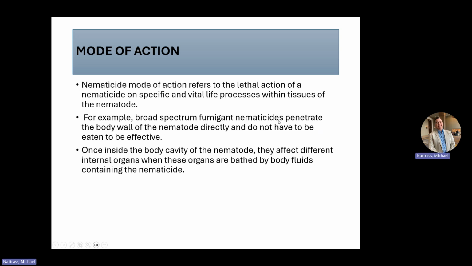So this fumigant is going to penetrate the body wall of the nematode, so it doesn't have to be consumed by the nematode.